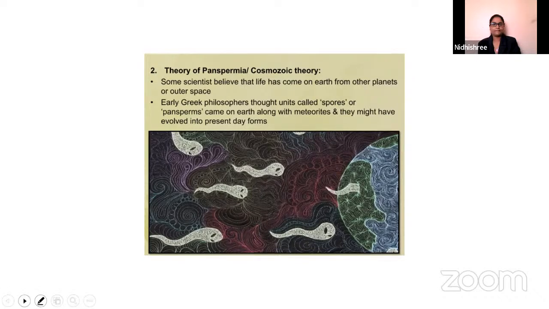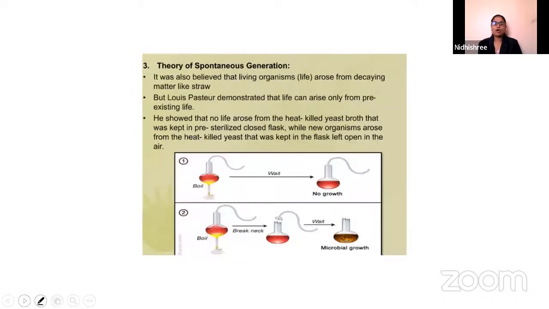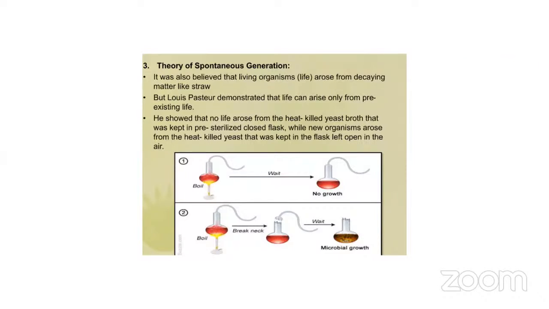Theory of spontaneous generation. Lohit, can you read out the slide? It was also believed that living organisms arose from decaying matter like straw, but Louis Pasteur demonstrated that life can arise only from pre-existing life.